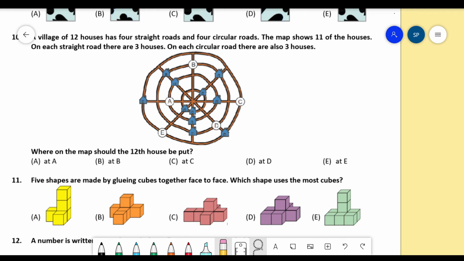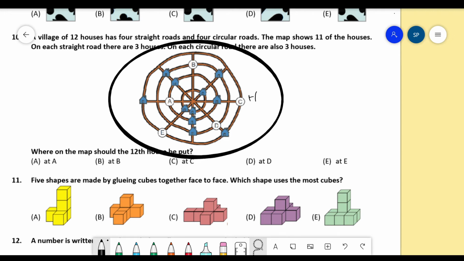It would only have 2. So if we put a house at C, that means this straight road has 3 houses, and this outer ring circle here also has 3 houses, which means it has to be put at C.